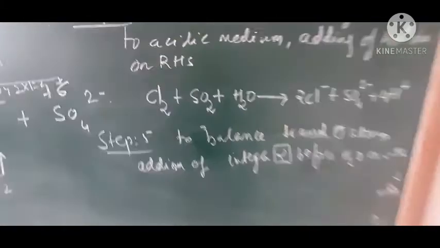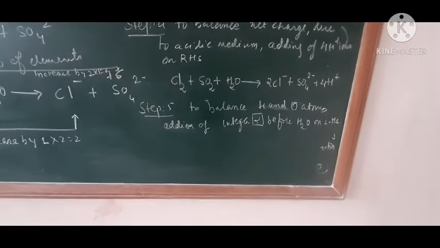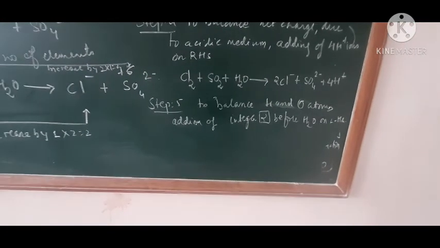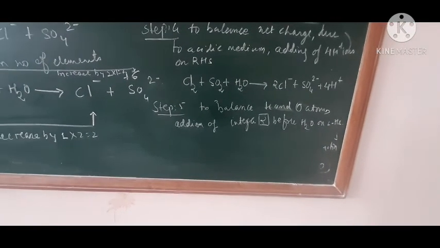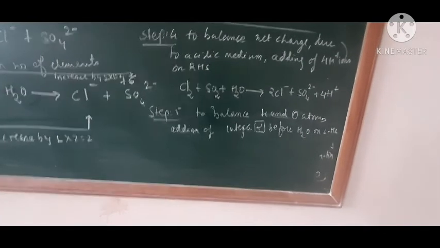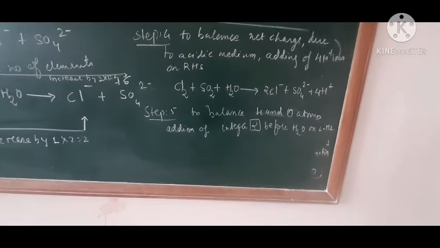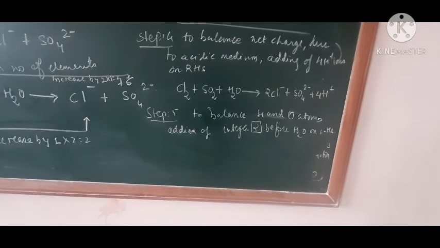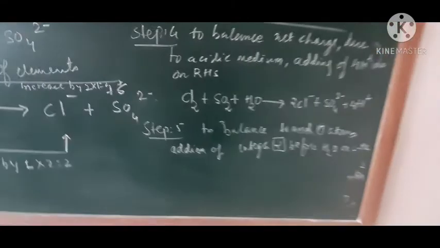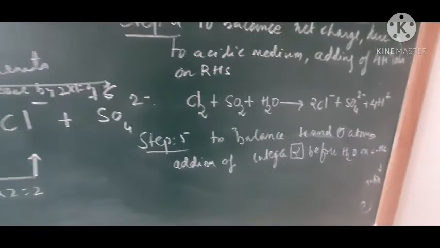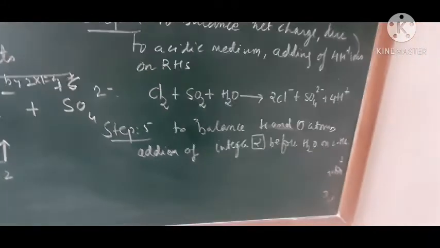It's very necessary to learn how to write the integer. If we have to add a water molecule, then we directly write 2 molecules of water, but since water is already there over here, we are adding the integer. So we are adding integer 2 before the water molecule on the left hand side.